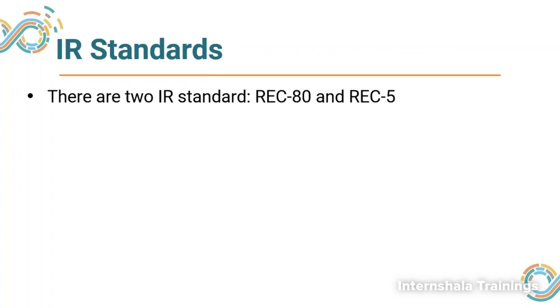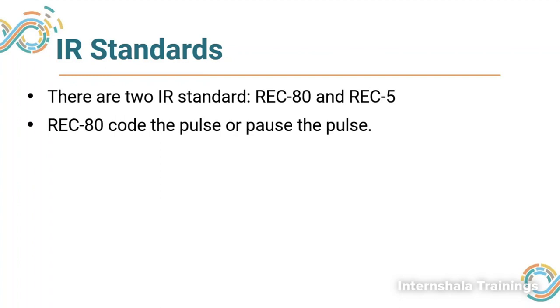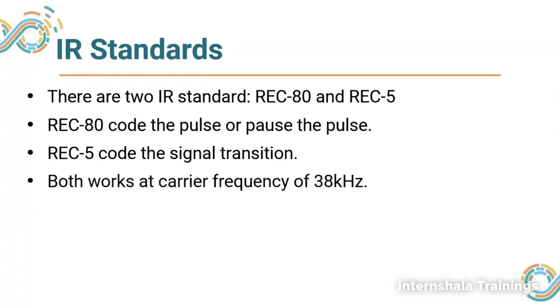Two very standard ones are RC-80 and RC-5. RC-80 will code the pulse or pause the pulse; you have seen that the messages were in the form of pulses, so this standard codes the pulse or pause at a given instance. RC-5 is going to code the transition from one pulse to another one. Both of them work on 38 kilohertz for most applications.